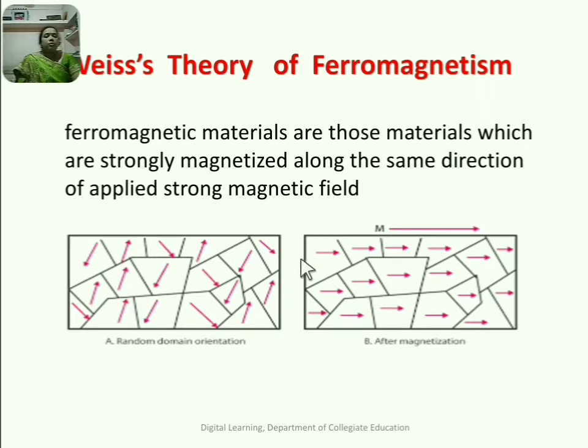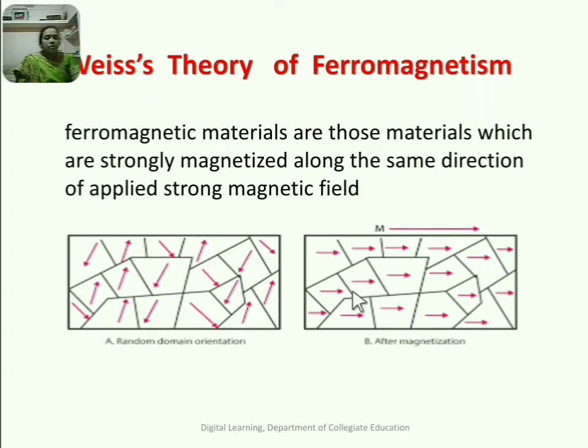In the domain theory, in between the atoms of the material, some special interaction takes place. Because of this interaction, all atomic magnets align in one particular direction and they form a group.